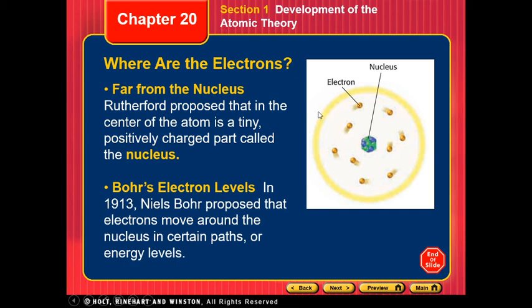I talked about energy levels last year, remember the electrons in the different energy levels. The first energy level can contain only 2 electrons, then the next level 8. Remember that when we were talking about the ionic bond? I don't know if you still remember. Anyway, so that's Niels Bohr.